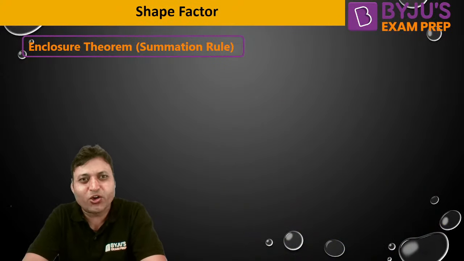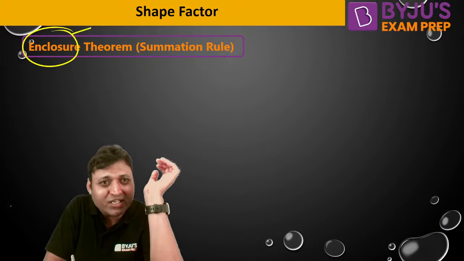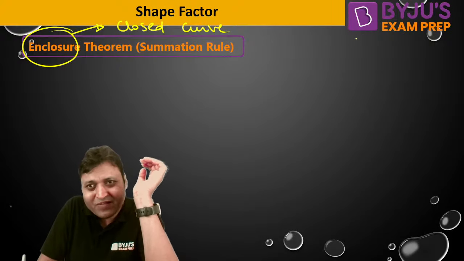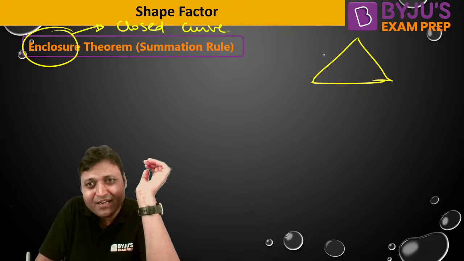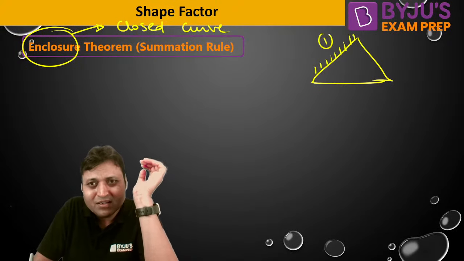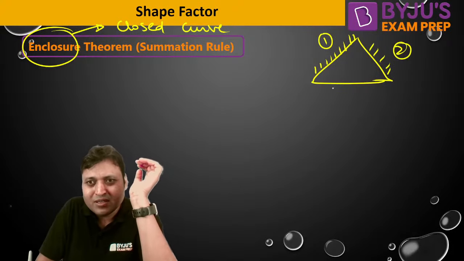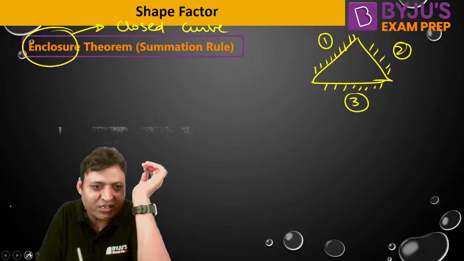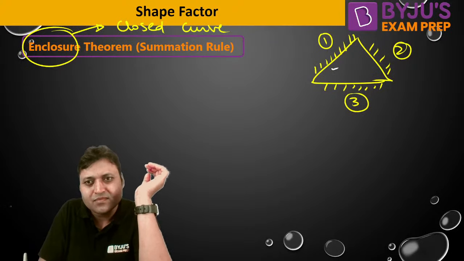Now the enclosure theorem. What is an enclosure? That is a closed curve. If there is a three-surface enclosure, let us say this is surface 1, this is surface 2, this is surface 3. The three surfaces make an enclosure.